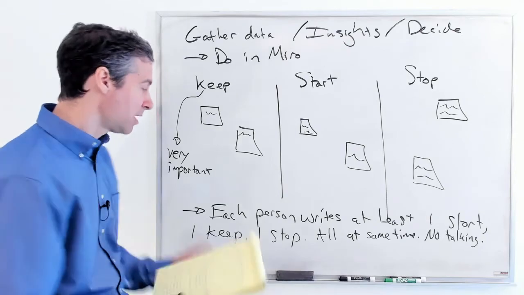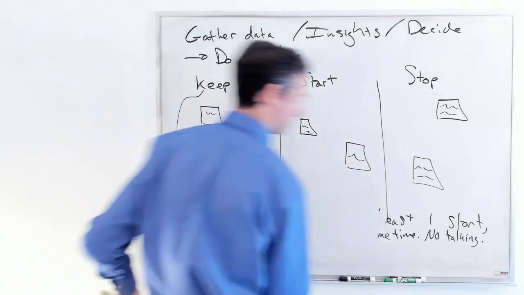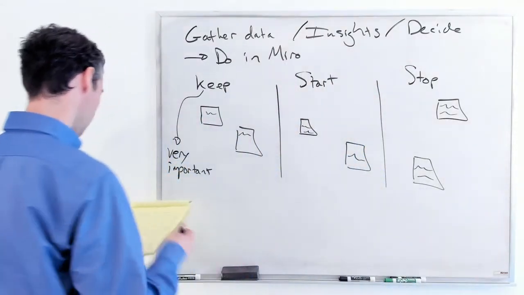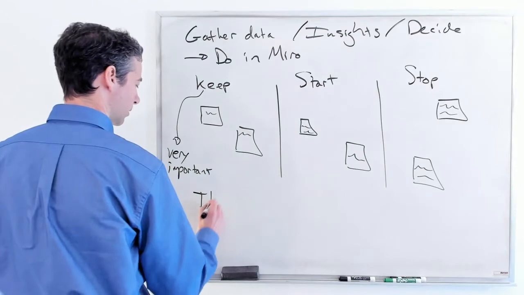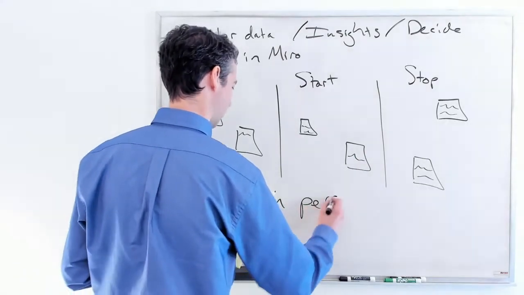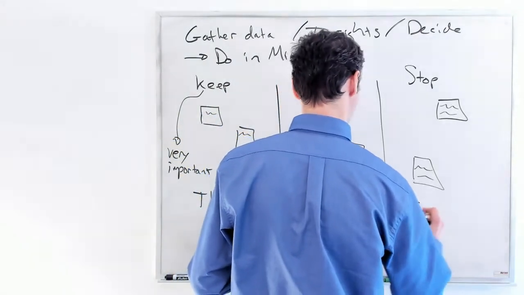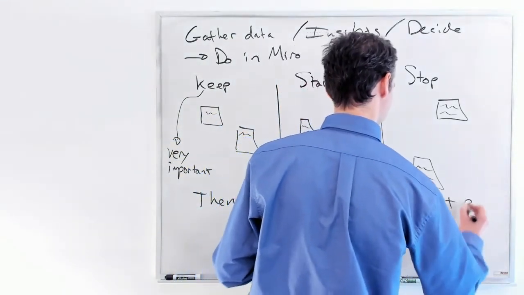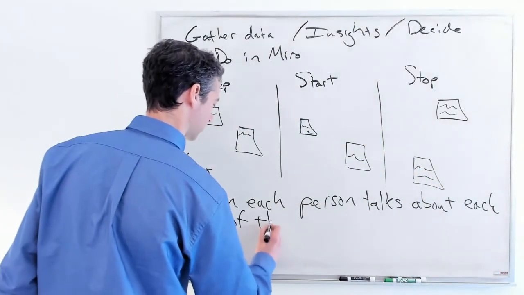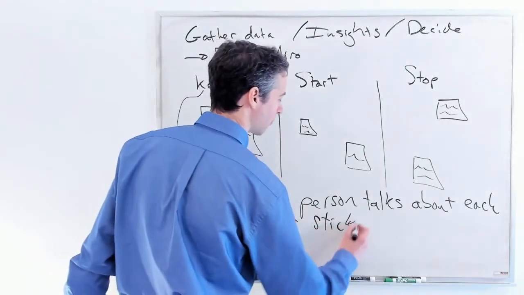All right. Next. So we've got people, they've put their stickies up. And our next step is then each person talks about each of their stickies. And people listen to them.